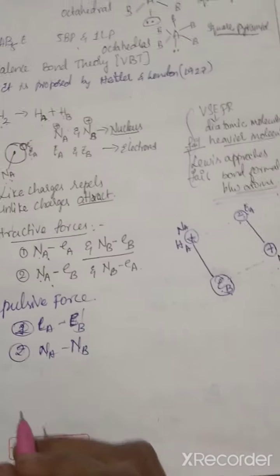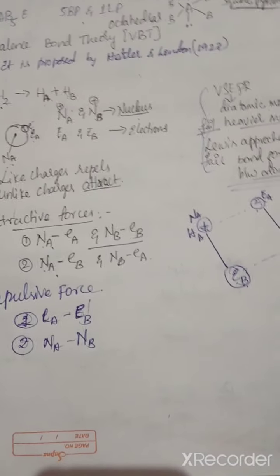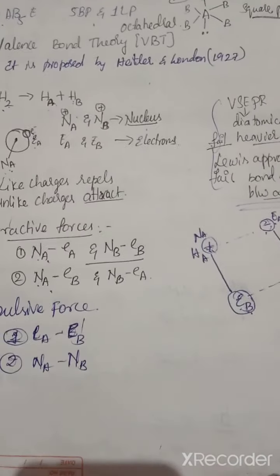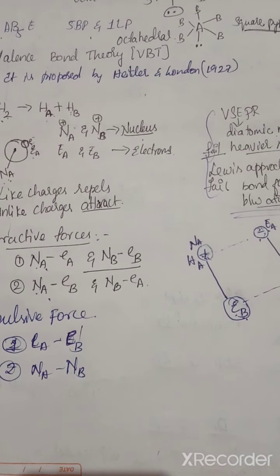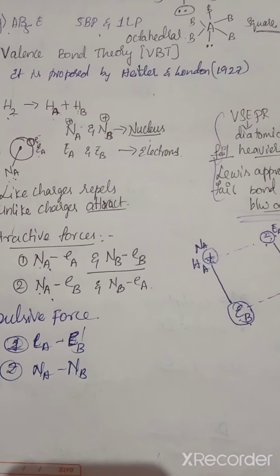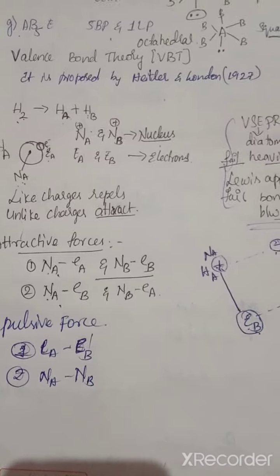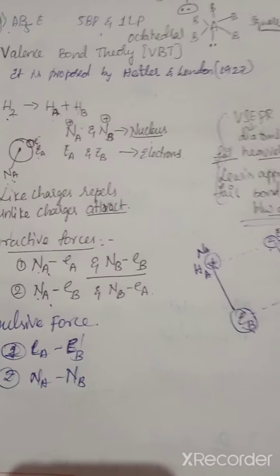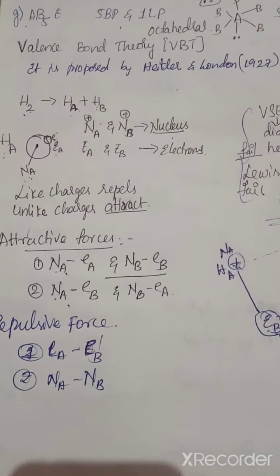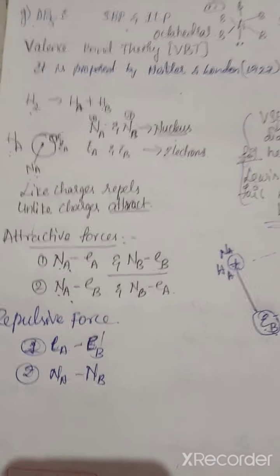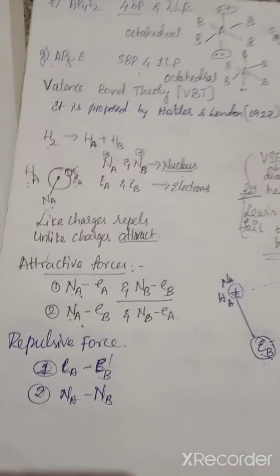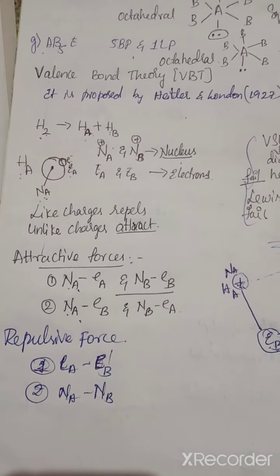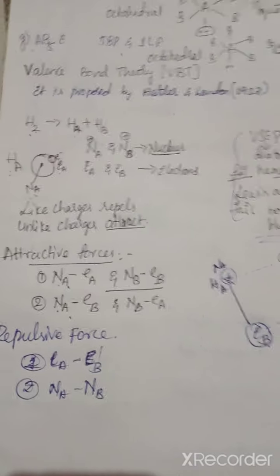As we discussed about bond enthalpy and bond length in the last classes, bond enthalpy is the energy which is released. How much energy is required or released is the bond enthalpy, and it depends on the bond length. ನಾವು ಅದನ್ನ ಹೇಳಿದ್ವಿ, H2 ಮತ್ತು F2 ಅಲ್ಲಿರುವ ಬಾಂಡ್ ಲೆಂತ್ ಡಿಫ್ರೆನ್ಸ್ ಯಾಕೆ ಇರುತ್ತೆ.